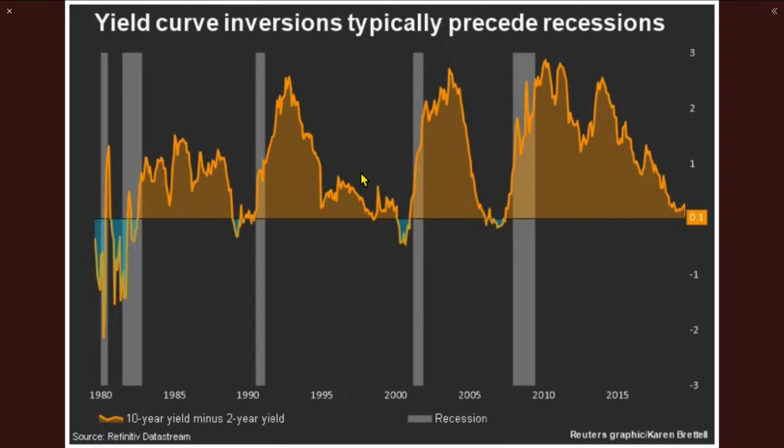But anyway, if you look at this right here, the support line is right here, and every time you see these lines going here, that's where the recession normally happens. So this is basically yield and recession, tools which the Federal Reserve normally uses.